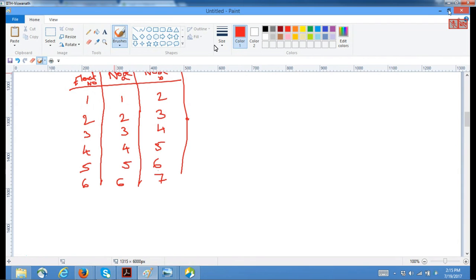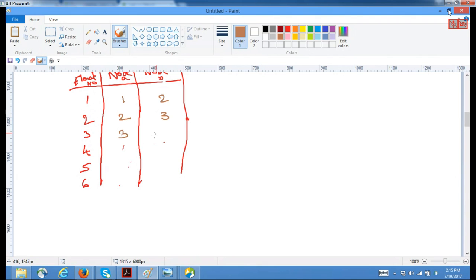So let me redo it. So the element 1 consists of node 1 and node 2. This consists of node 2 and node 3.